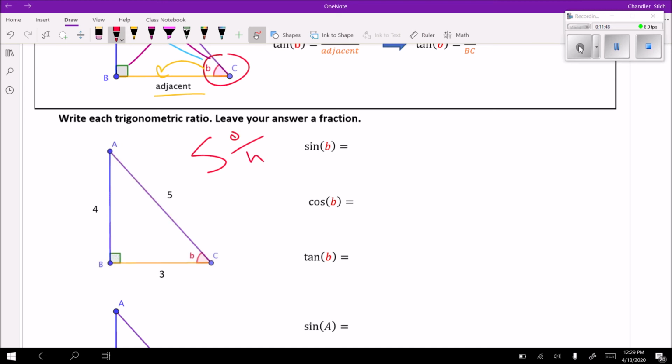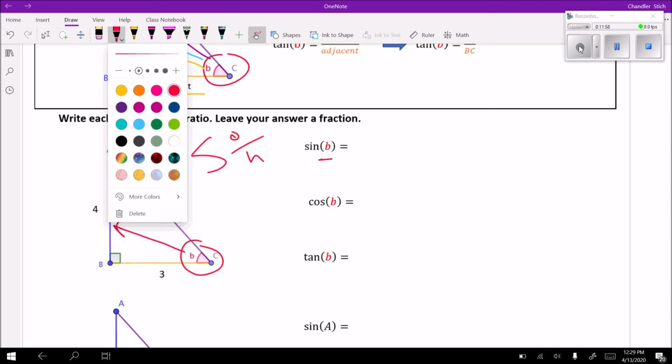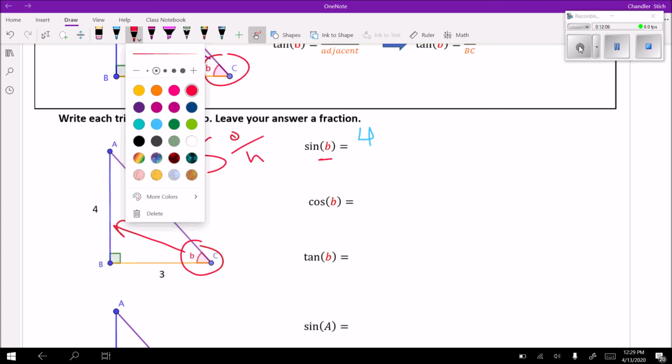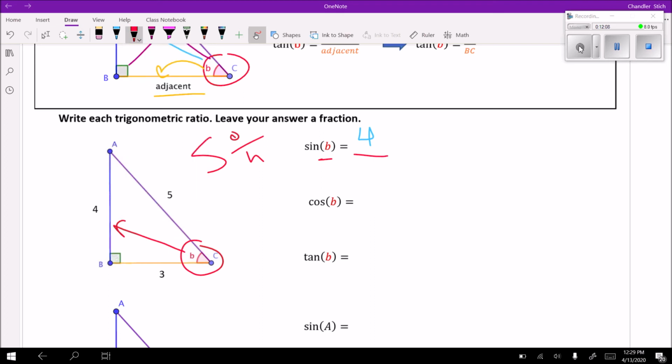So if I want to find my opposite, I'm going to start at my reference angle, always circle the reference angle, which is B. Opposite is directly across. Draw your arrow directly across. What do I get? I get 4. Okay, because opposite is 4 over hypotenuse.